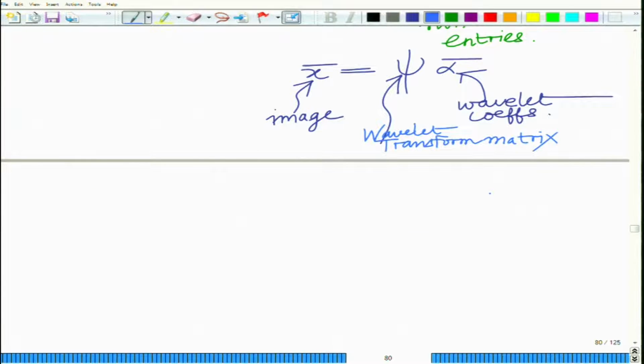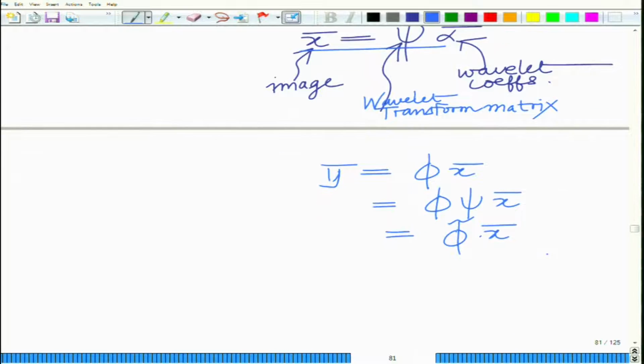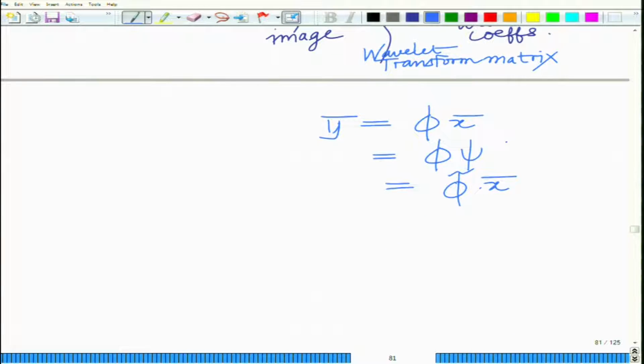Therefore, now if you substitute this, the sensing model becomes y bar equals phi x bar equals phi psi times alpha bar, and if you denote phi psi by phi tilde, this phi tilde now becomes your effective sensing matrix.